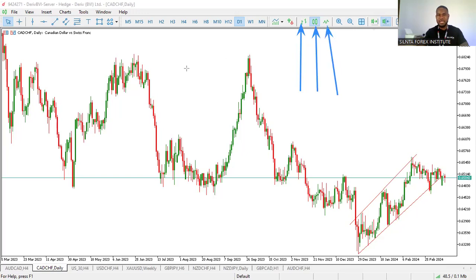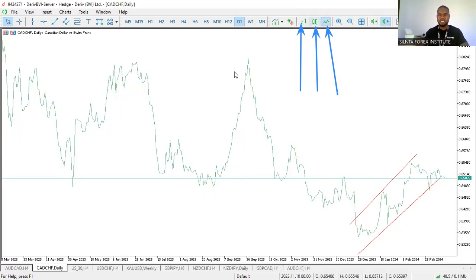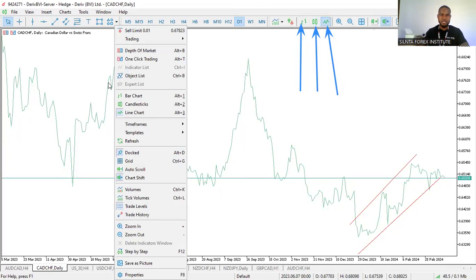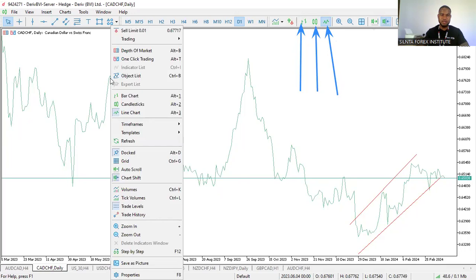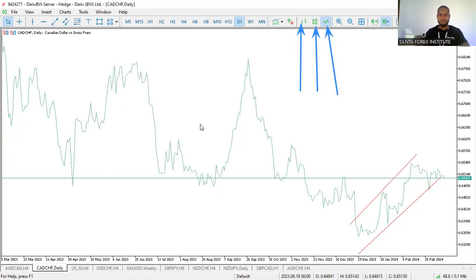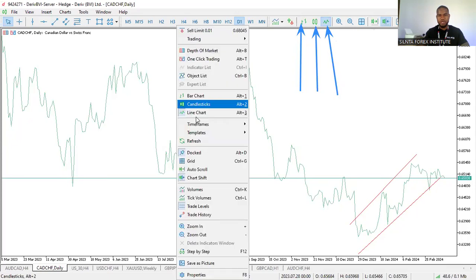So let's start with the line chart because it's more basic and self-explanatory. If we click on the line chart, we can try to make it big. Let's see if we can. Yeah, but I hope you can see it before we waste time here. You should be able to make it big in the settings.